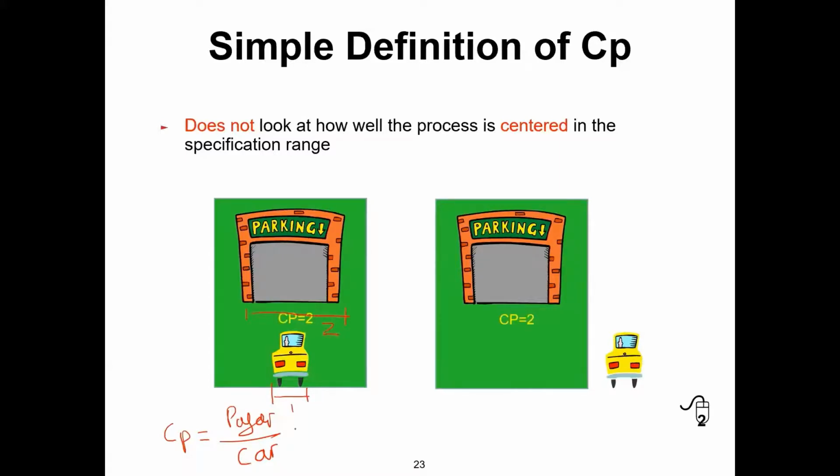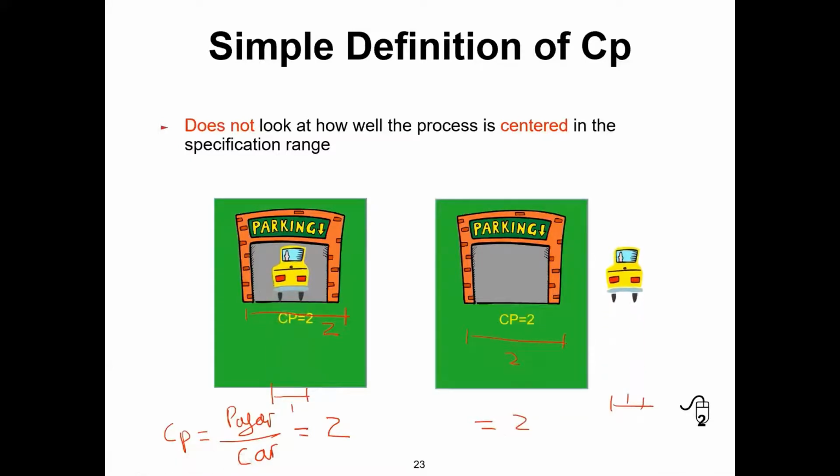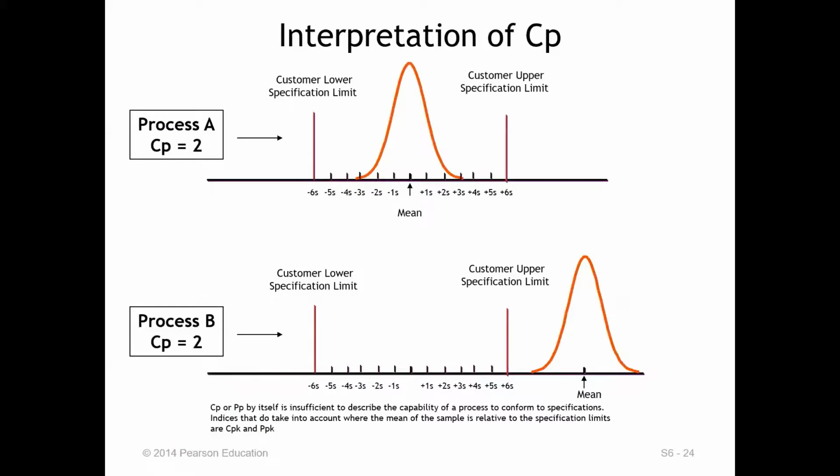Therefore, the CP will be 2 divided by 1, so equal to 2. The second scenario is the same. Parking gate is 2, car is 1, CP also equals 2. However, in the second scenario, in fact, the driver parked the car at the neighbor's house. So this graphically represents what I discussed earlier. Both scenarios are with CP 2.